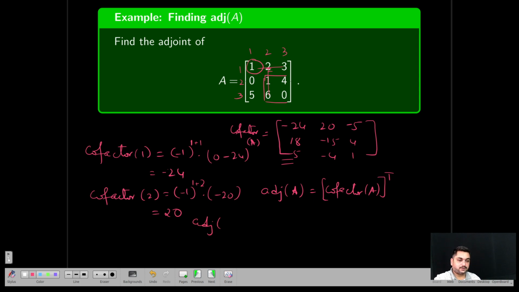So the adjoint of A is equal to minus 24, 20, minus 5. The rows become columns in the transpose. Then 18, minus 15, 4. Then 5, minus 4, and then 1.